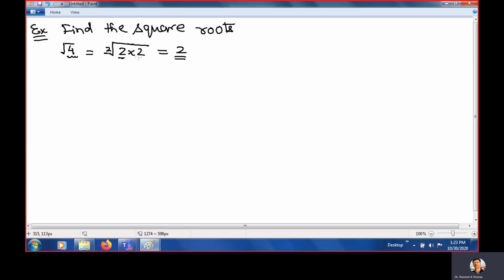If 2 same numbers are written here and here is 1 upon 2, what can this be written as? It can be written as 2 times 2, power 1 upon 2. Clear? So how much will it be? With the exponents, 2 power 1 plus 1, power 1 upon 2.